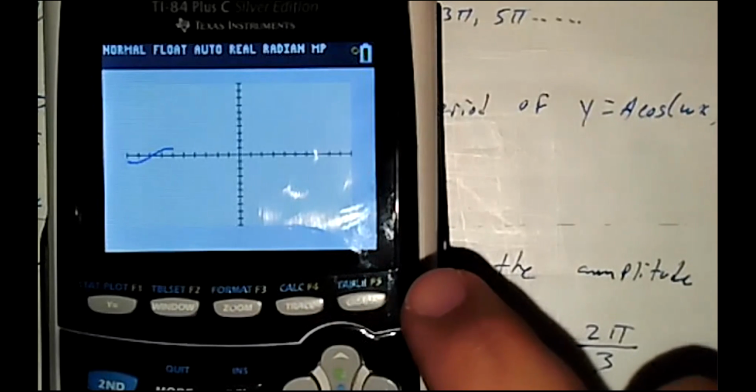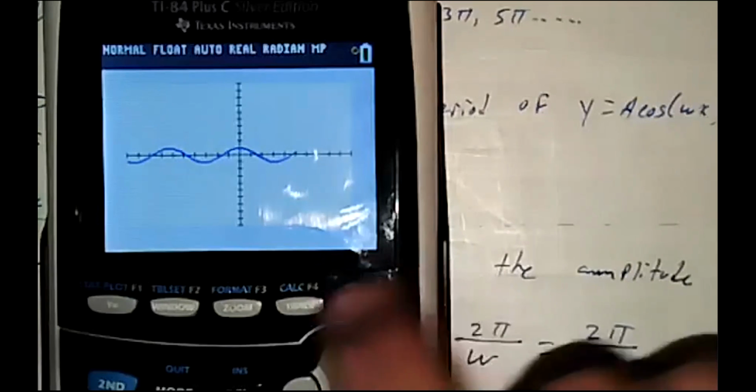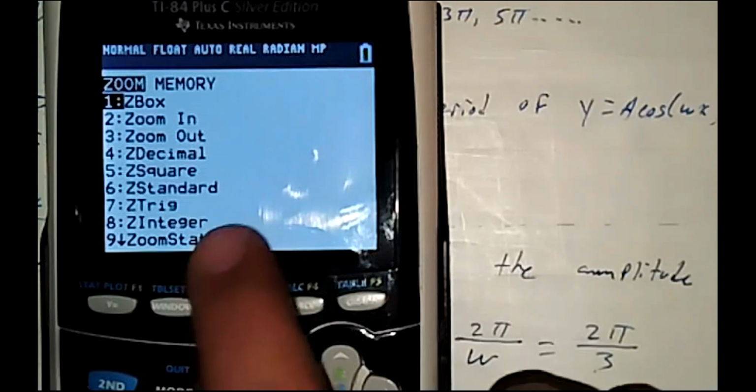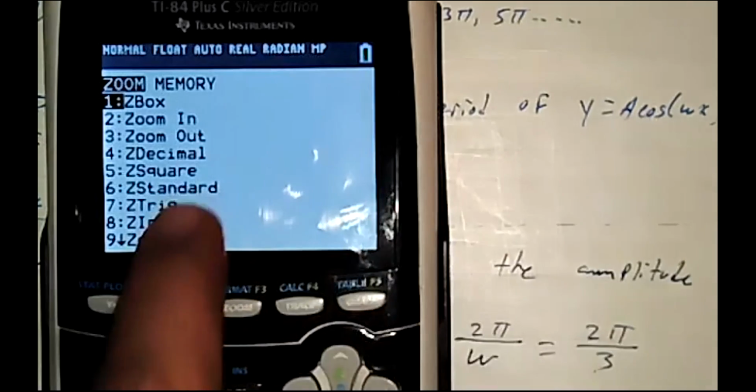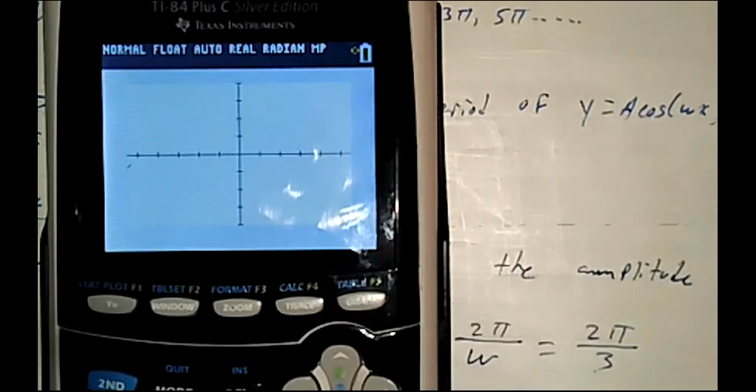So if you graph it and yours doesn't come out right, you hit zoom. See how there's different types of zooms? Hit 7. That's trig zoom. Okay. Now it looks a little bit better, like the website.